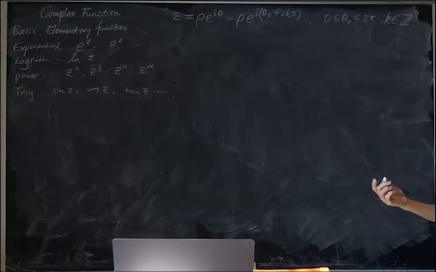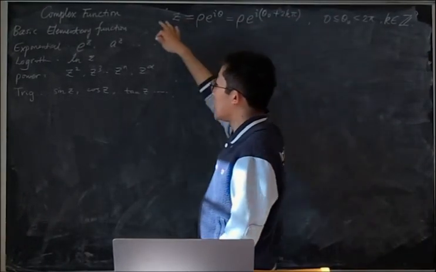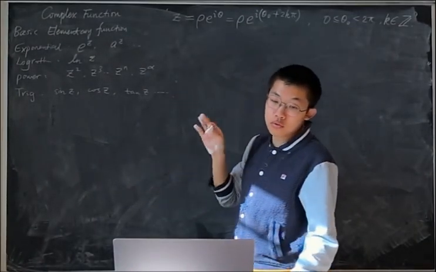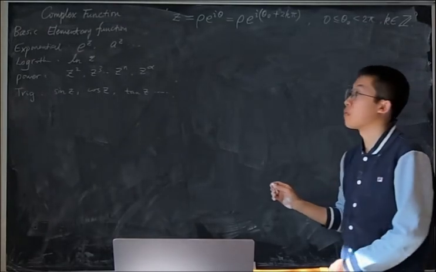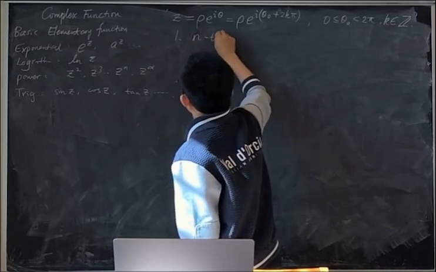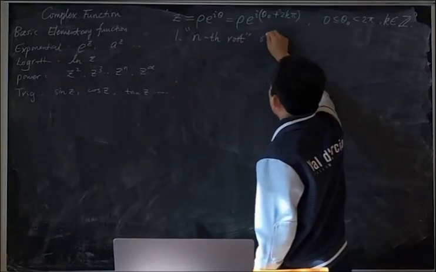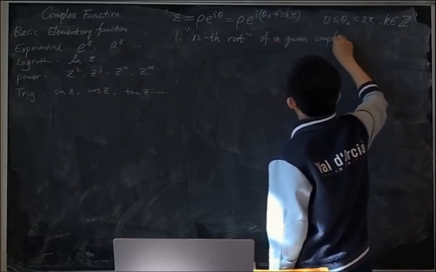Okay. So, let's think about plugging these values into all these functions. And we'll instantly find that there are two types of functions that are going to give us problems. One is what we call the nth root of a given complex number.